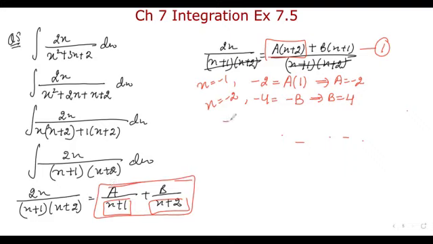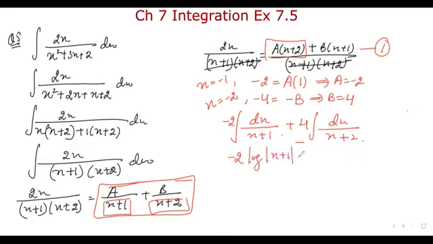So the value of a is minus 2 integral dx upon x plus 1 plus 4 integral dx upon x plus 2. Now simple integration: minus 2 log x plus 1 plus 4 log x plus 2 plus c.